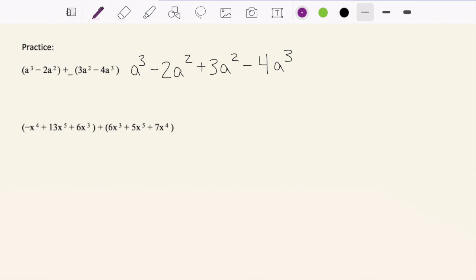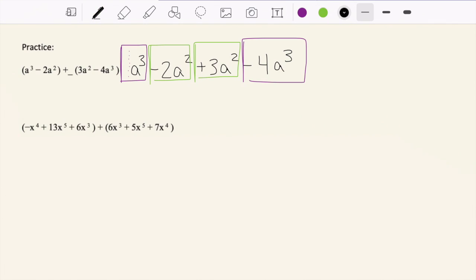We have a cubed, which, if you remember, has an invisible 1 in front of that a to the third. Then we have negative 4a cubed. And then we have negative 2a squared and positive 3a squared.